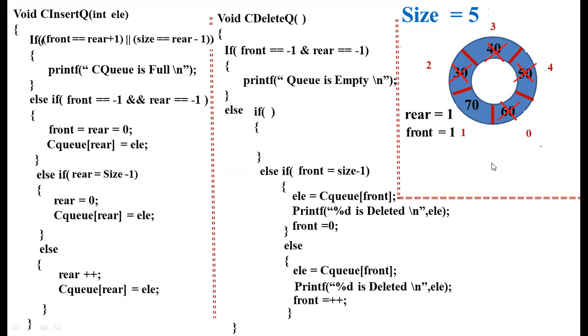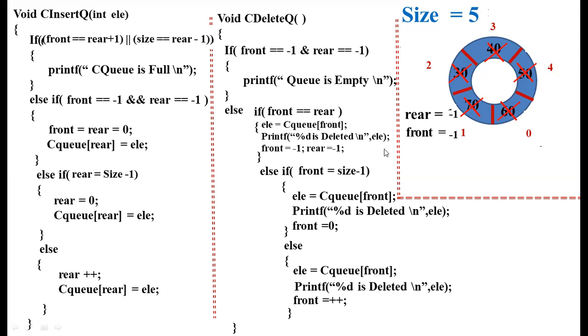After deleting the last element from the queue, we have to make both the front and rear values -1. So when the front value is equal to the rear value, we collect the element, print that the last element 70 is deleted, and make the front value -1 and the rear value -1. So the front becomes -1 and the rear becomes -1.